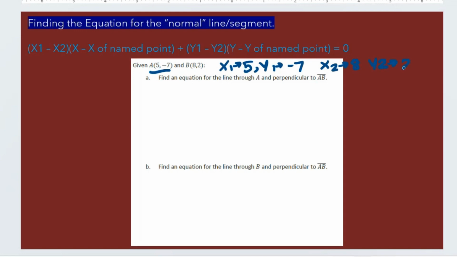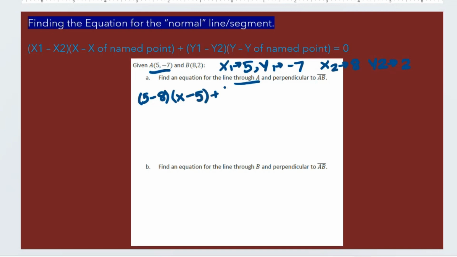Now I'm going to go ahead and substitute all of that into the equation that I have with a formula. So 5 minus x2, which is 8, times x minus the x of the named point here. It says through A. So that would be 5. That's with the A point.